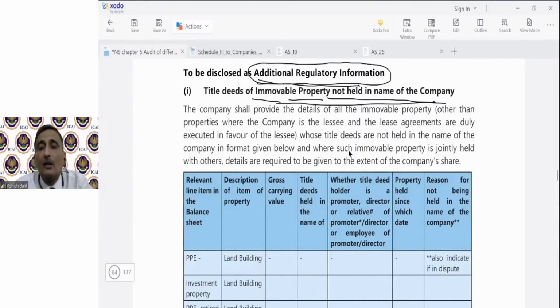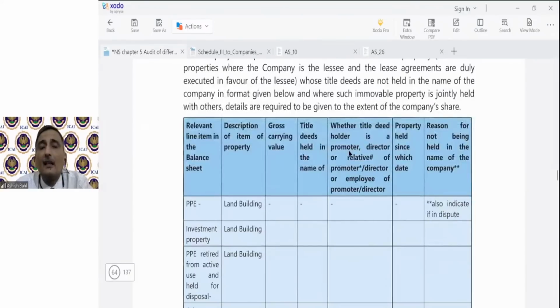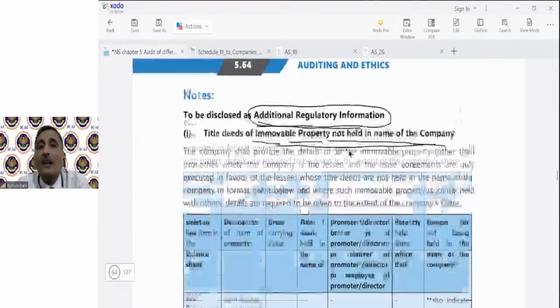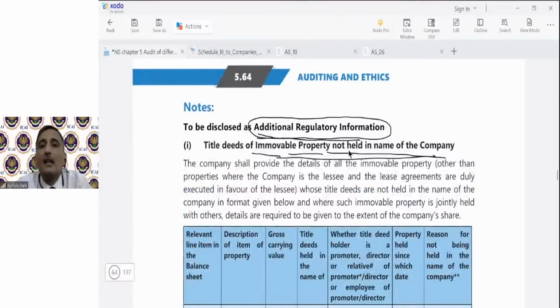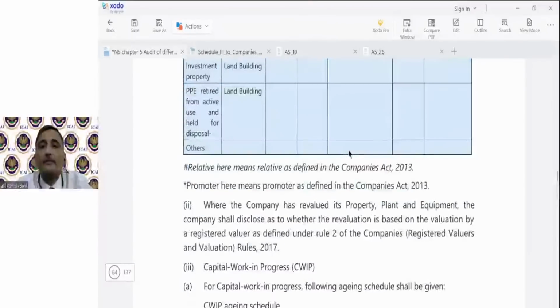Then the reason for not holding title deeds, whether the property is in dispute. So this format is to be given if the company has title deeds of immovable property which are not held in the name of the company.